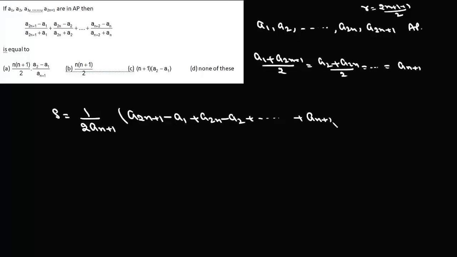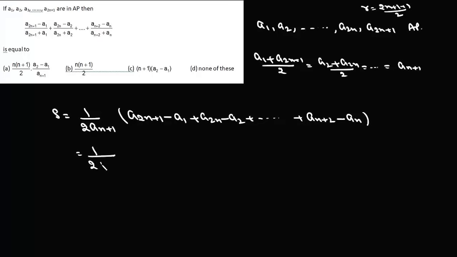So we can write this series as 1 upon 2 A n plus 1 into A2n plus 1 minus A1, plus A2n minus A2, plus ... A n plus 2 minus A n.